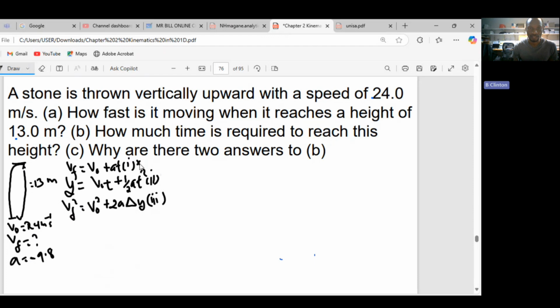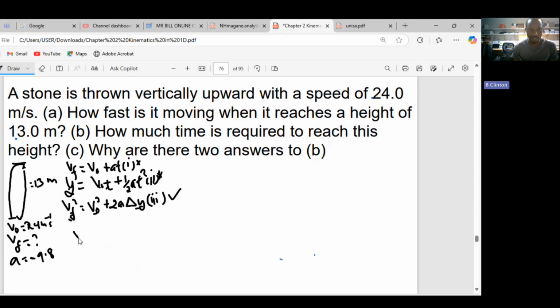In equation 2, we have the distance, initial velocity and acceleration, but not time, so we cannot use it either. Let's look at equation 3. We are looking for the final velocity, and we have initial velocity, acceleration and distance. So we are going to use equation 3.